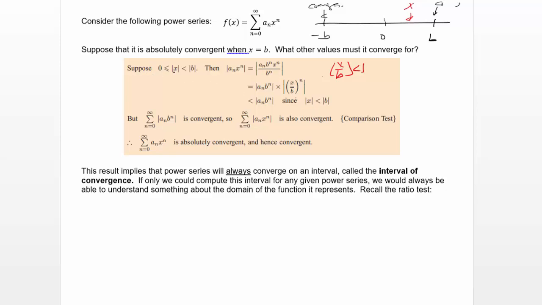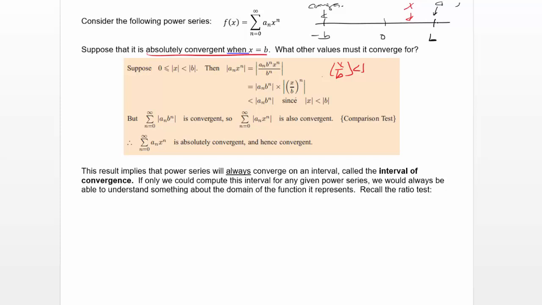But we supposed that it is in fact absolutely convergent there, meaning we know it converges for x equals b. So if we compare the series we're investigating, a sub n x to the n, to this larger series, since the larger series converges, the smaller one must also converge by the comparison test. Meaning as long as I chose an x that's smaller than b to plug into my series, then we're good.